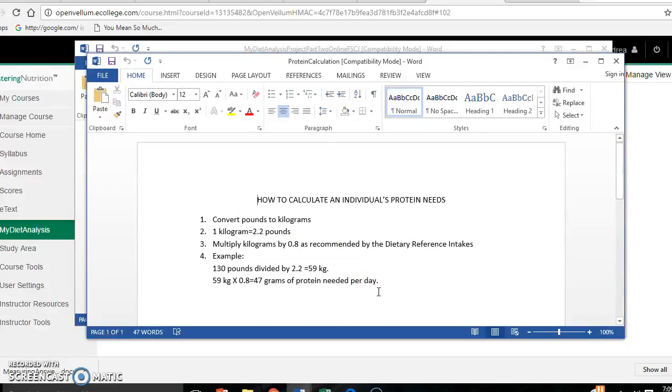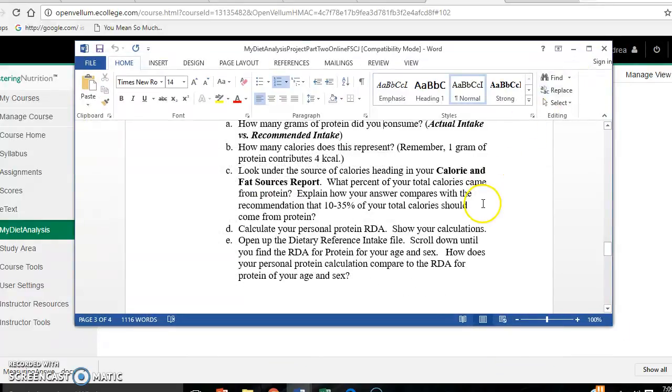The next place is the calculating protein needs video in Mastering, and that video will help you calculate your individual protein needs. So those are the two places that you need to go to help calculate your personal protein RDA.